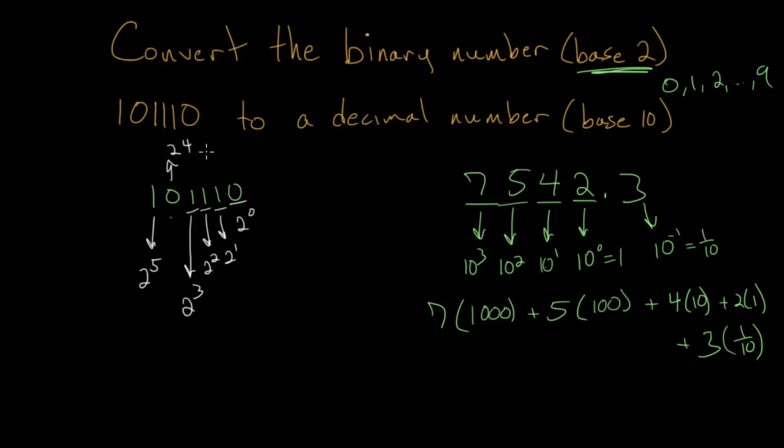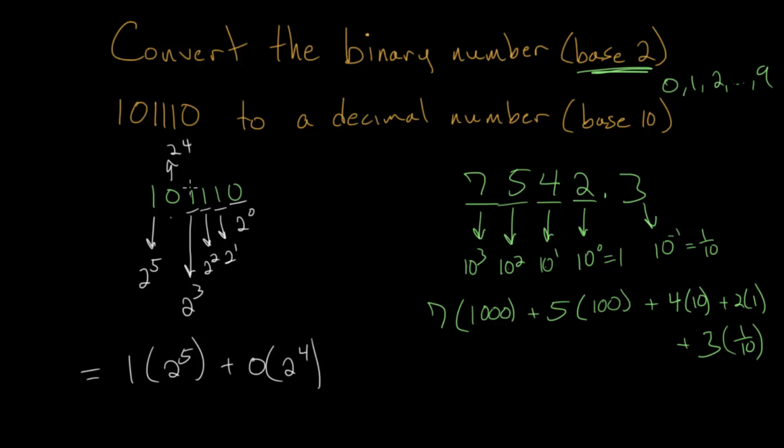If we want, we can actually calculate all these, but the main idea is, just like with base 10, we take, let's say, this digit here, this 1, which is in the 2 to the fifth place, and we multiply it by that place value, and then we add it to the next digit, this 0, multiplied by its place value, which is 2 to the 4.